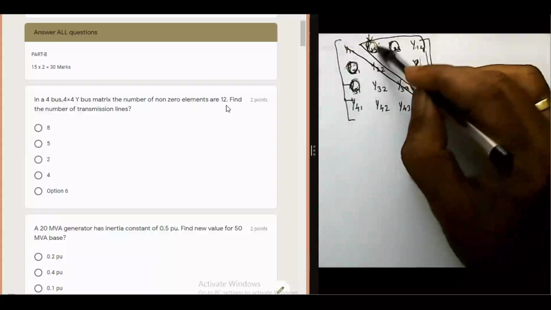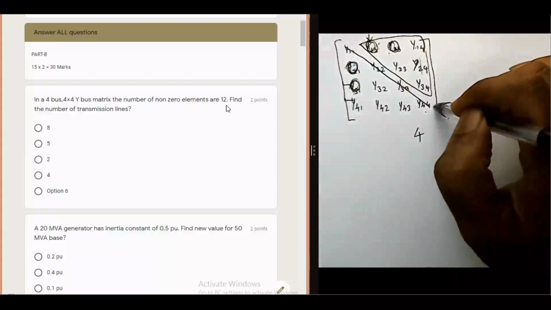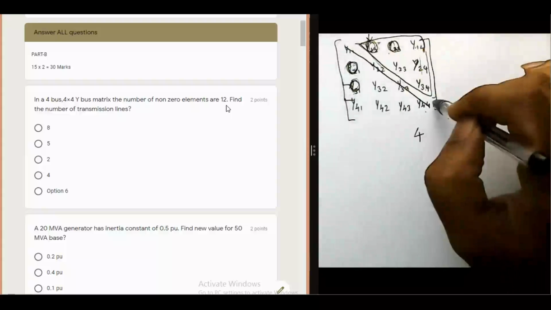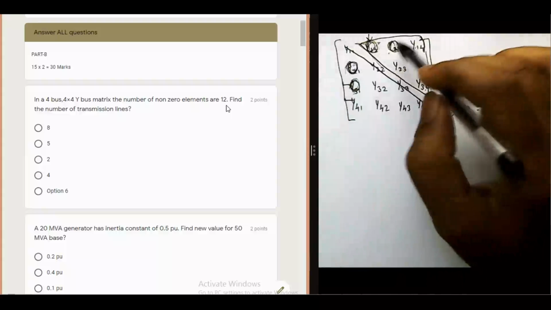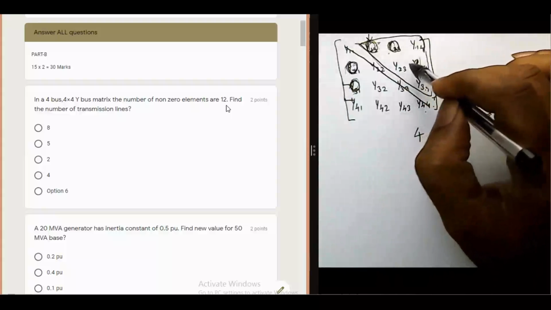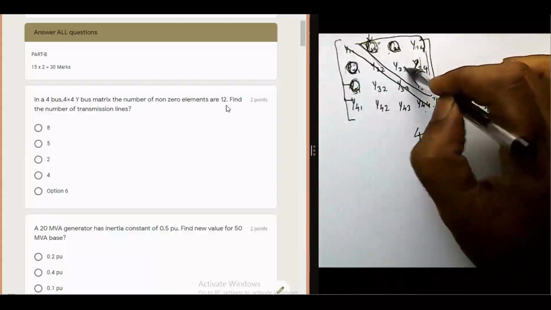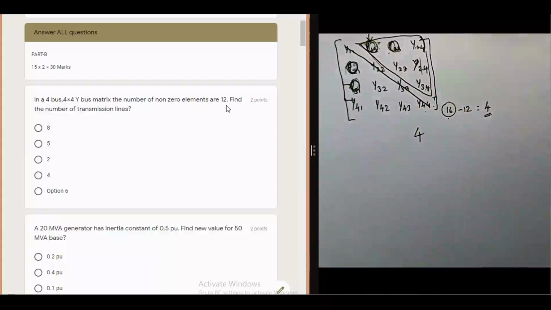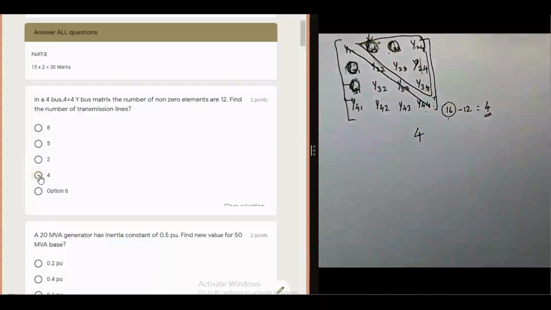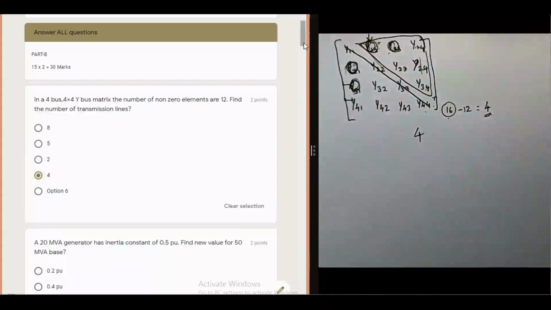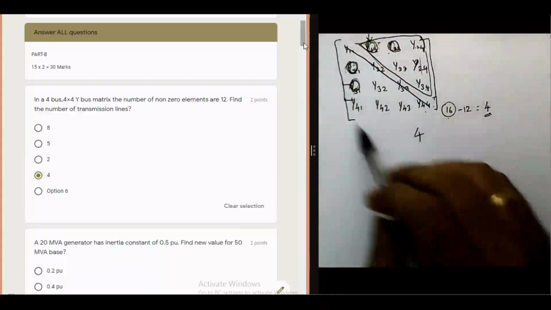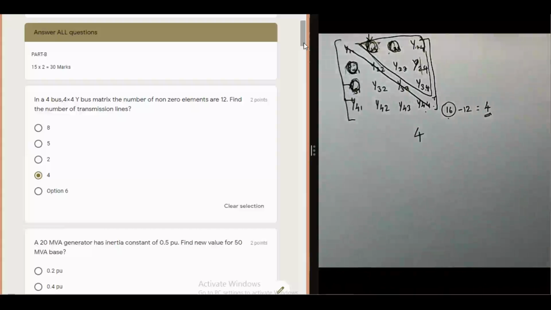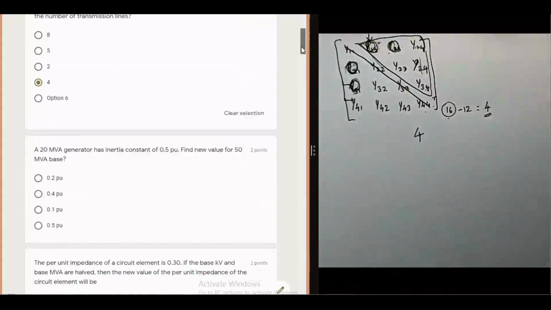Mark the 4 zero elements, then cut the diagonal elements, then consider any one triangle, upper half or lower half. In the upper half triangle, the remaining non-zero elements are 1, 2, 3, 4. That is the total number of transmission lines. Here the correct answer is 4. For understanding purposes only, I write this one. This can be done in our mind. Very simple problem.